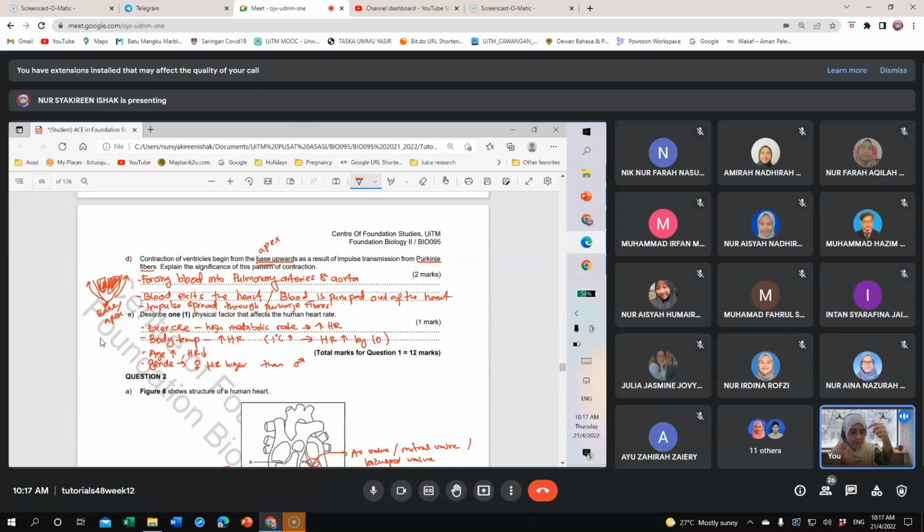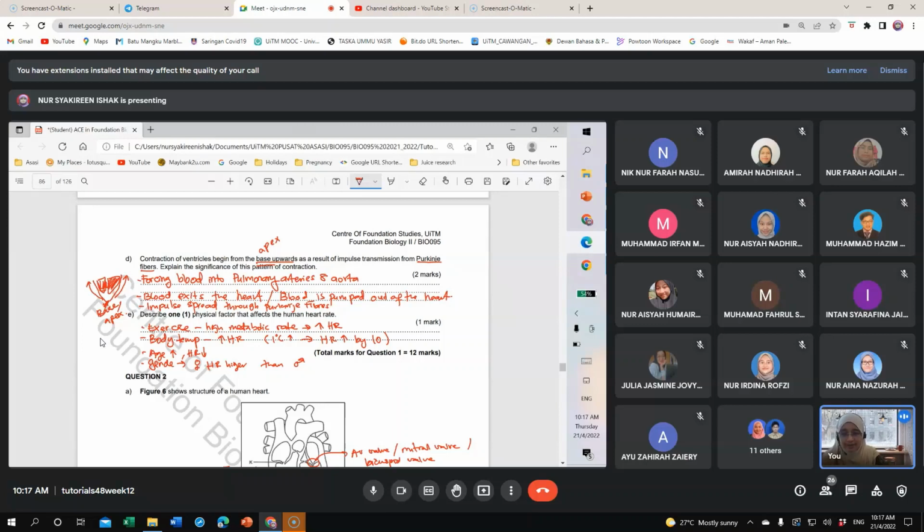So impulse akan lalu daripada AV node pergi ke bundle of His and then straight to the apex of the heart or base of the heart, then baru dia akan naik along the Purkinje fibers at the wall of the ventricle. So it causes the ventricle to contract from base upward. Kenapa?